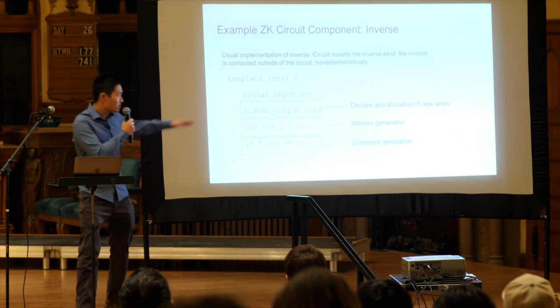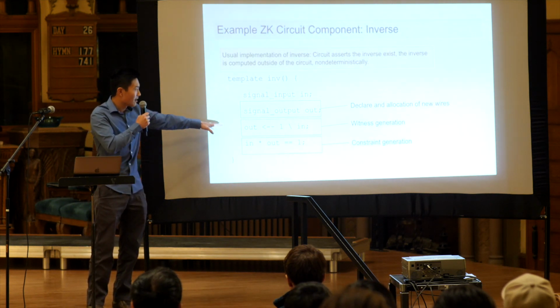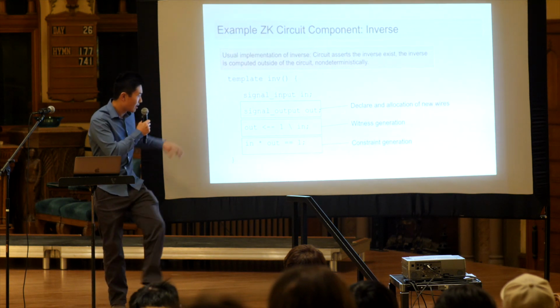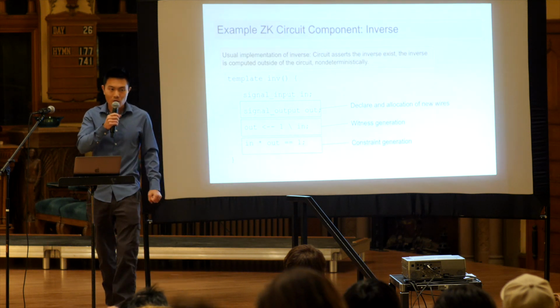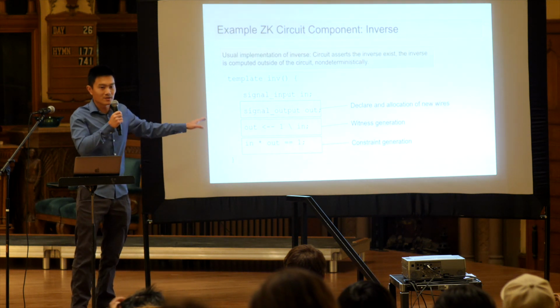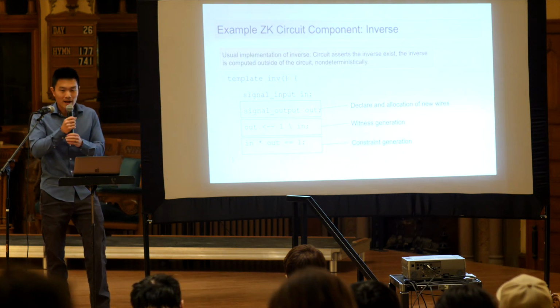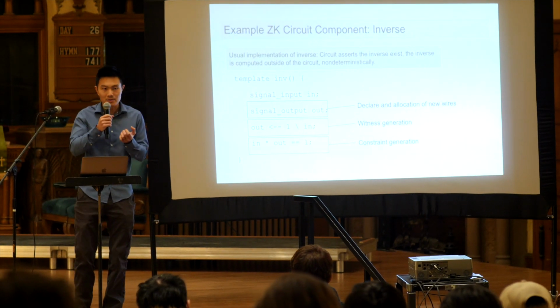It declares the input, it declares the output, and it has this assignment operation, which says that the out wire is 1 divided by the input wire, and this operation does not actually generate any constraints. The reason for that is inversion is very hard to compute, but easy to check.